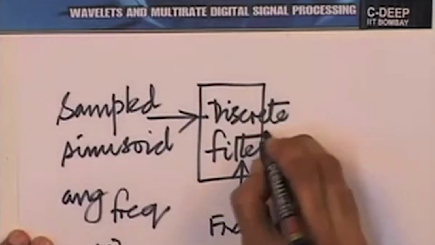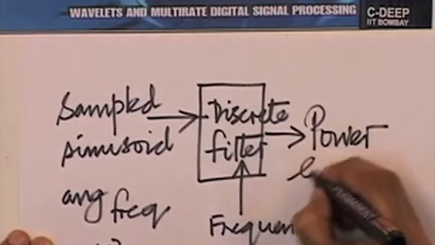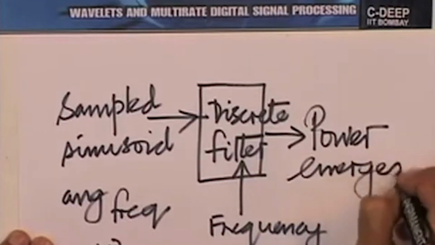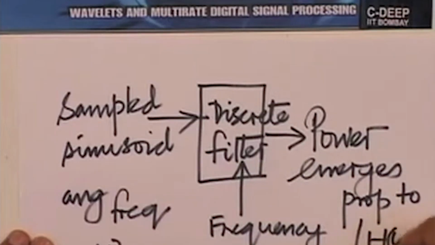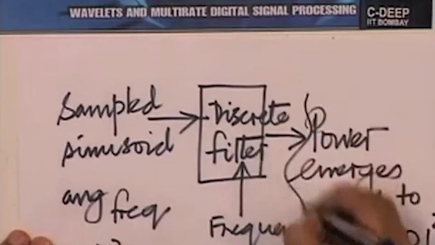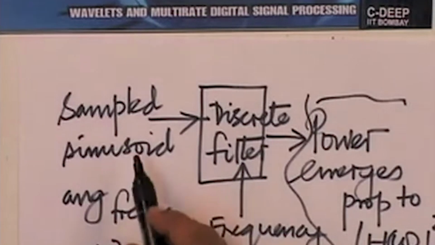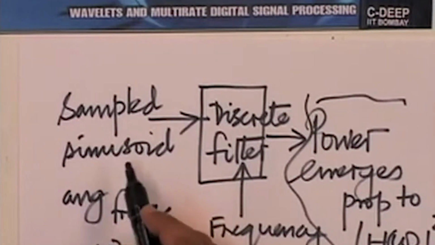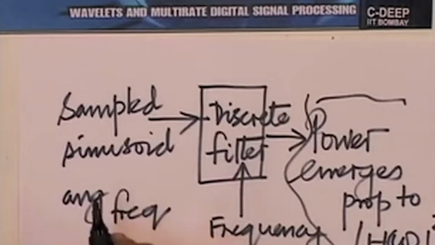Then the power that emerges from here is proportional to mod H omega squared. So, in other words, whatever is the power of the sampled sinusoid with angular frequency equal to omega here is multiplied by mod H omega squared when it emerges at the output.